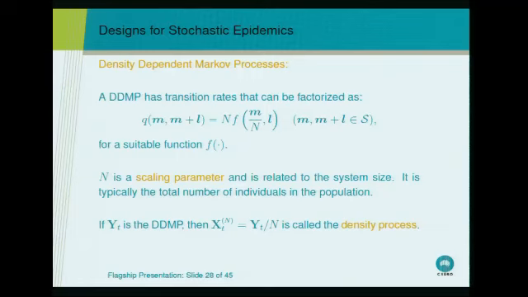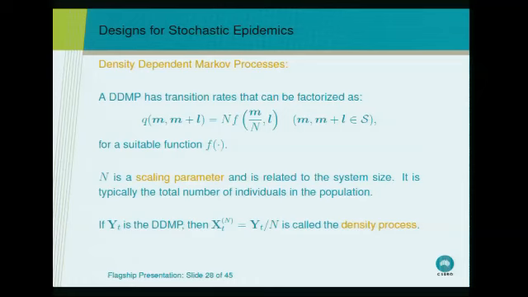A density-dependent Markov process is one where the transition rates can be factorized, so they're equal to some index parameter or scaling parameter capital N multiplied by a function which is solely a function of the population densities.